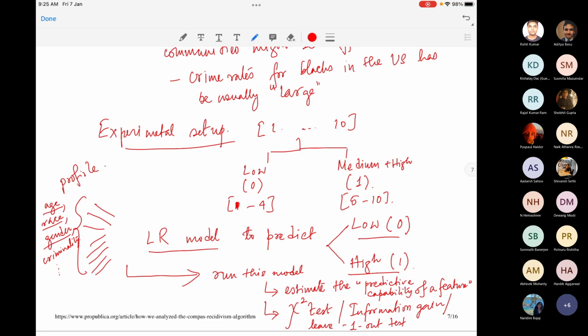Any one of these variants is used to estimate the predictive capability of a particular feature. The authors used one of these to identify the predictive capability of the different features.